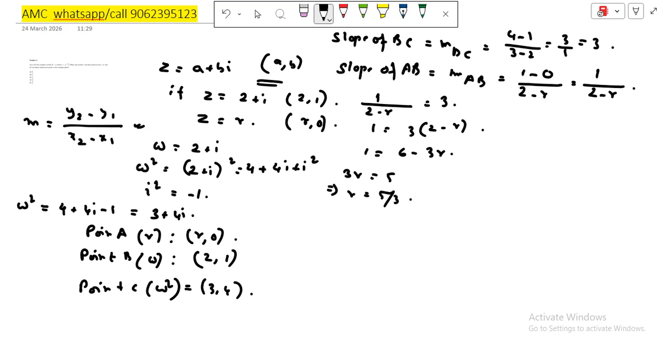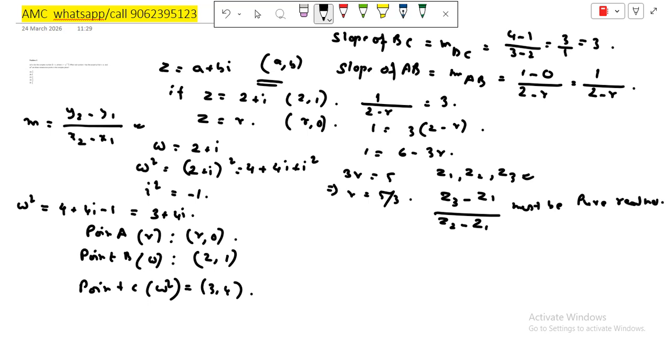Now some of you might be thinking, ma'am, can we use the complex condition for the collinearity? Absolutely. For the 3 points z1, z2, z3 to be collinear, the ratio (z3 minus z1) by (z2 minus z1) must be a pure real number.